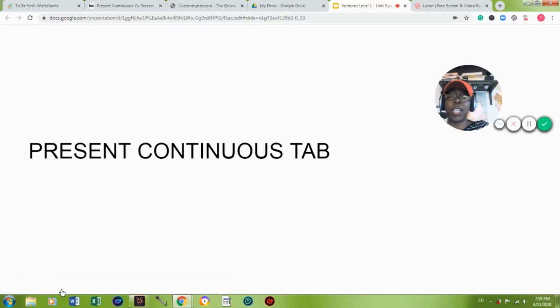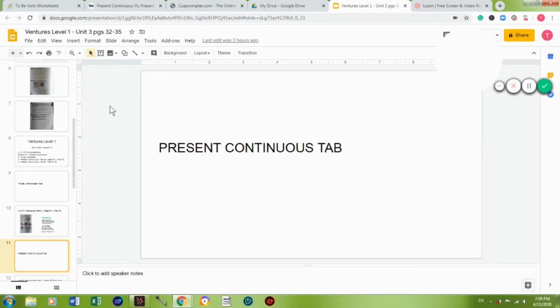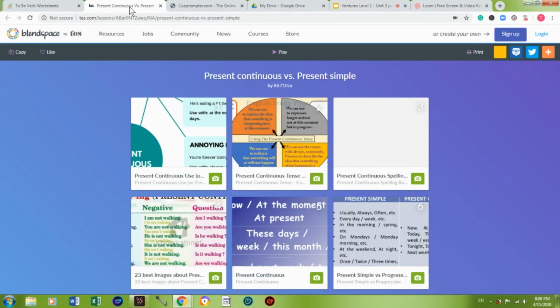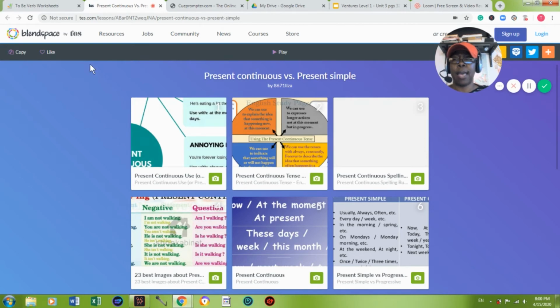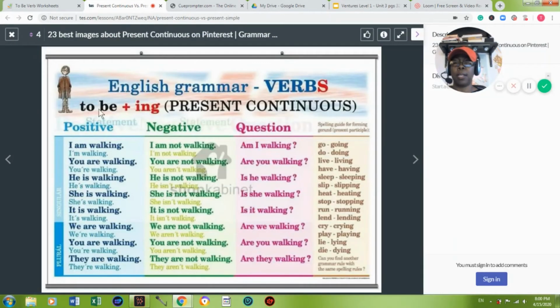And I actually am going to take us to another page. And let's take a look at our present continuous tab. Okay, so on this page, we're going to talk about present continuous, and we are going to talk about to be plus ing.